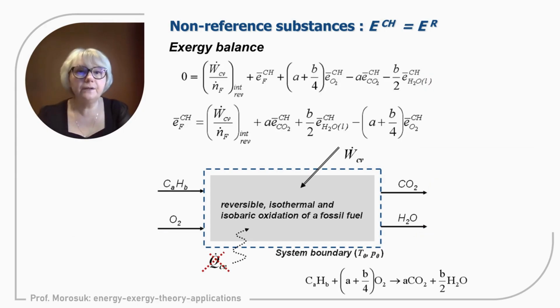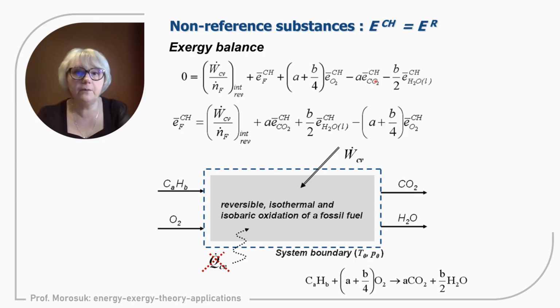For this chemical reaction that we just discussed, we will write an exergy balance. We did not study exergy balances yet, but since this reactor is isobaric, isothermal, and reversible, exergy in is equal to exergy out. Therefore, we will write the exergy of fuel, exergy of oxidizer, minus exergy of CO2, carbon dioxide, and minus exergy of water in liquid form.